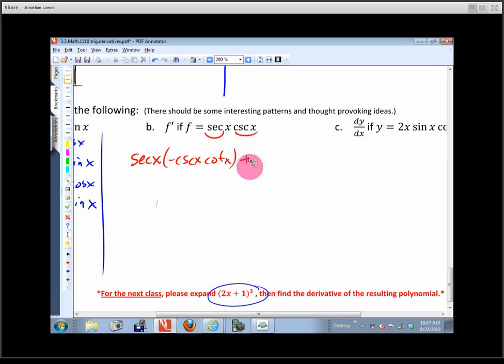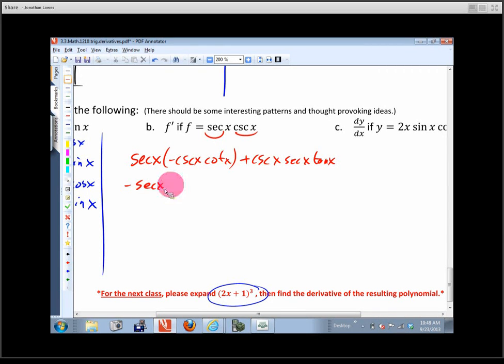Now, what do you think there? Simplified to a reasonable degree, slide the negative out front on the first one, or should we do something else? I mean, we could easily do this, right? This is secant, cosecant, cotangent, cosecant, secant, tangent. Ideas?